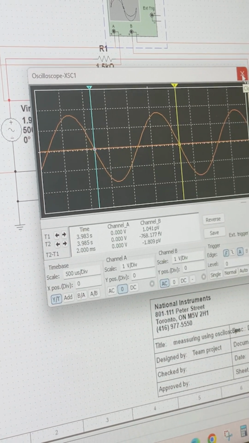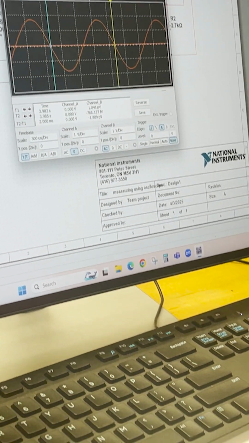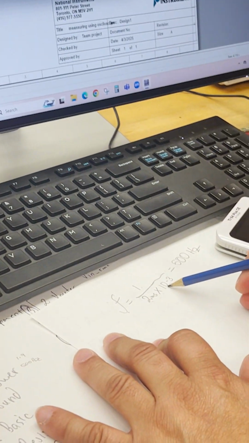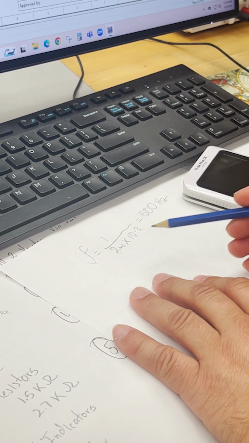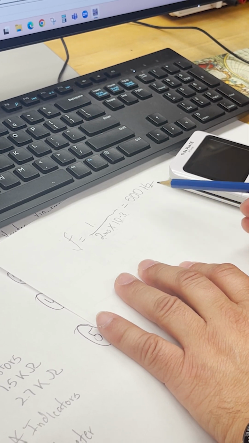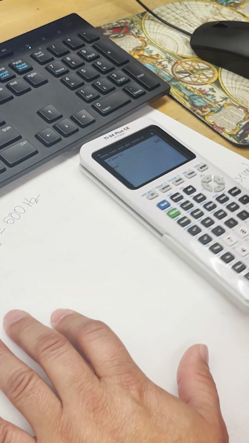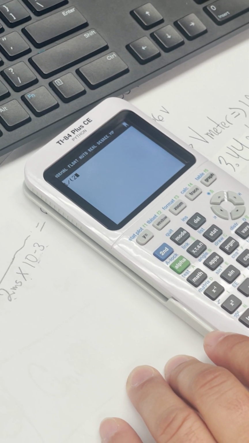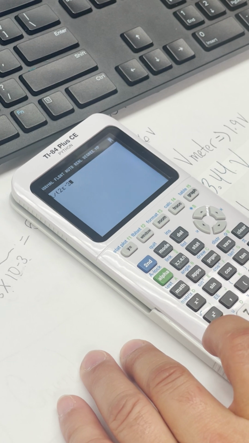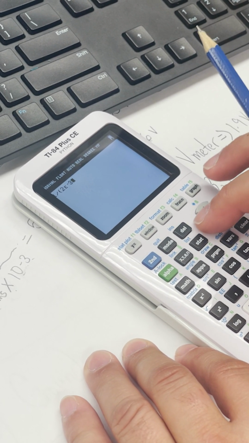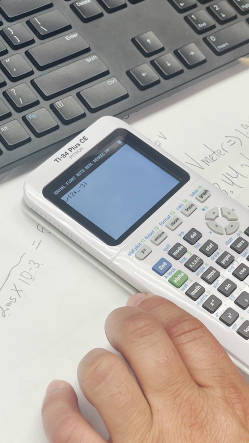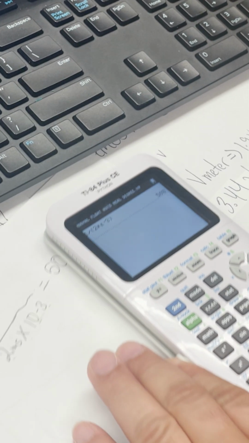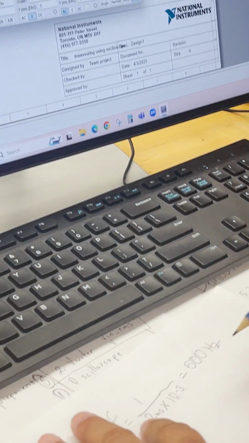And I am going to demonstrate how to get the frequency. For frequency, it is 1 over my period times 10 to the minus 3, which is the conversion so I can have my answers in hertz. 1 divided by 2 milliseconds times e to the minus 3, which equals 500 hertz, which is what I have right here.